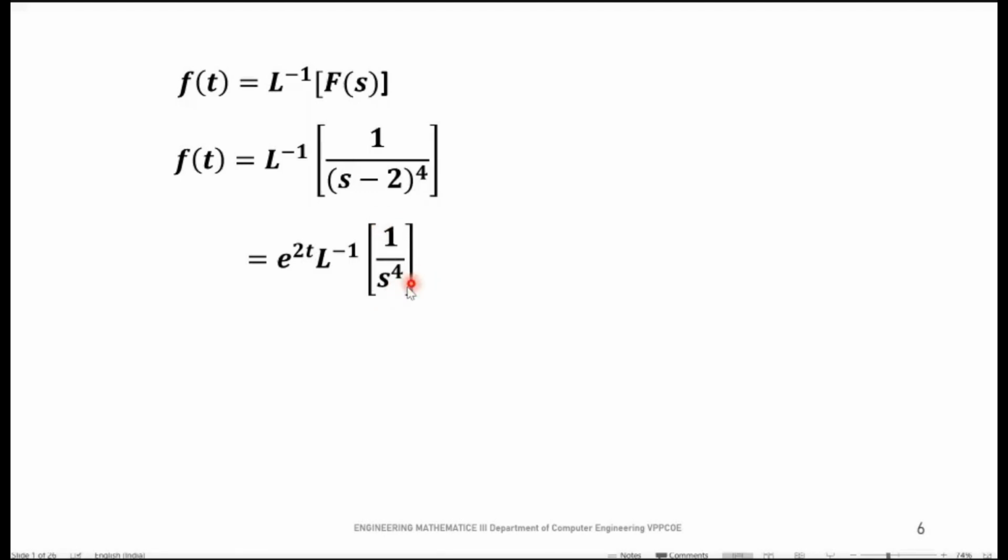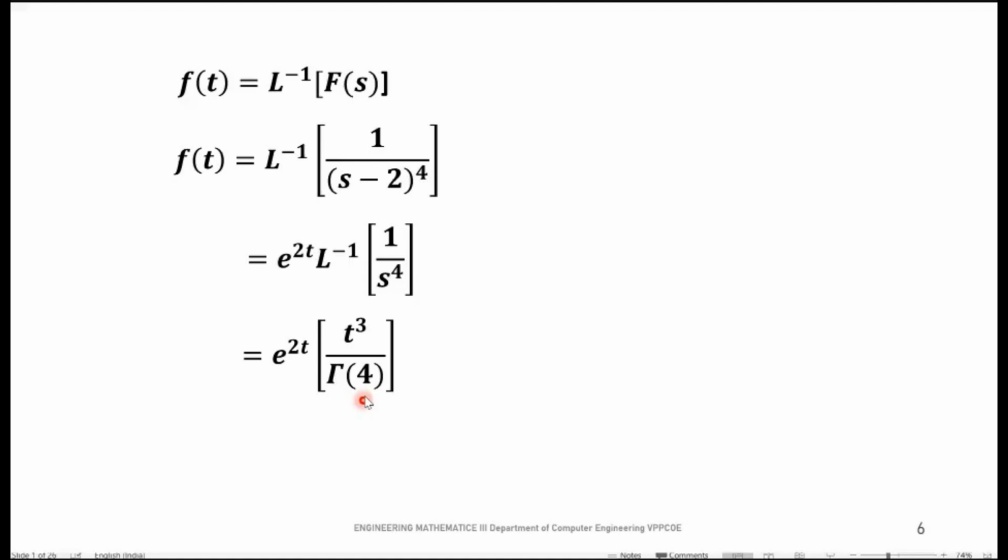What happened in that case? Below gamma of this number, above t to the power one less. So what will be the answer? e raised to 2t. Whatever power is below goes inside the gamma, and above, one power less, it becomes t cube. When you have such type of inverse function, whatever is the denominator power goes inside gamma, and above you will get, if here it is 4 then t cube comes, if here it is 5 then t raised to 4, 1 less than the denominator power. e raised to 2t into t cube.